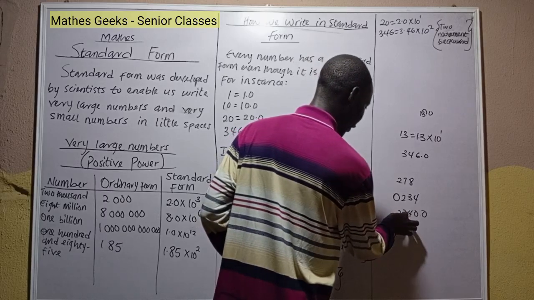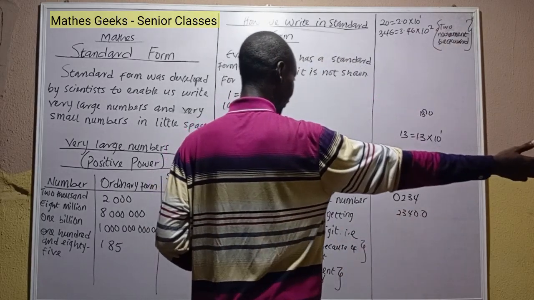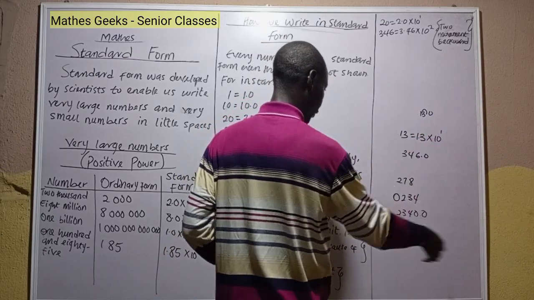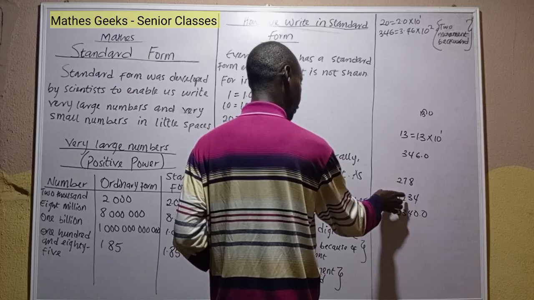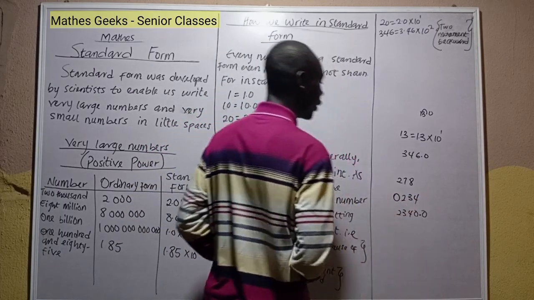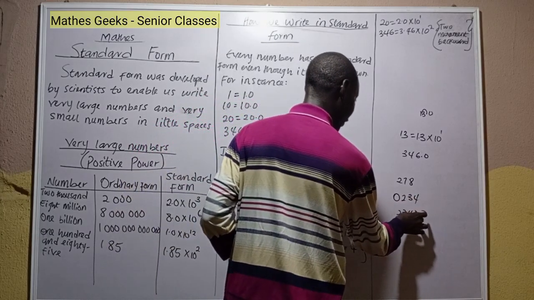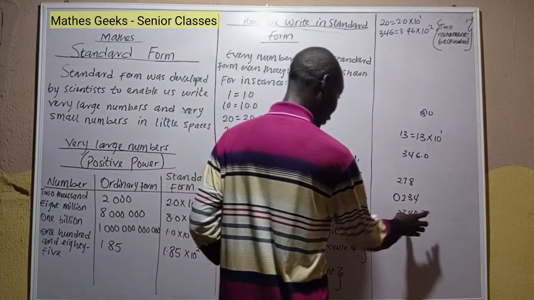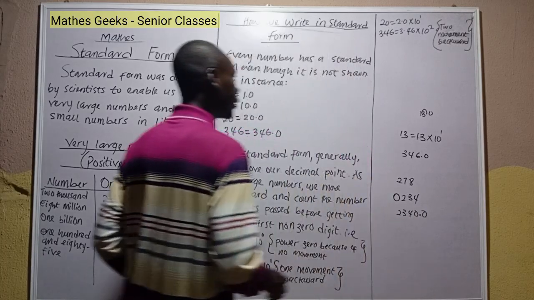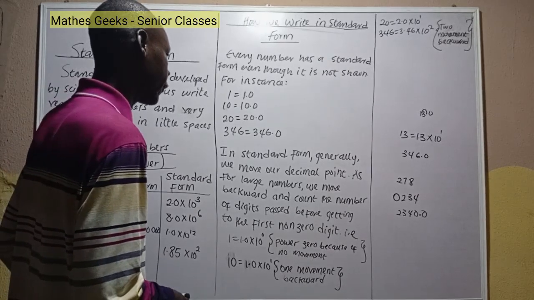But in the ordinary sense, 0 in this case is significant because it's the last digit. But if 0 is starting a number, that 0 is not significant, and 0 after a decimal point is not significant, but 0 before a decimal point is significant, because it has a value to the number. So basically writing in standard form means movement of the decimal point.